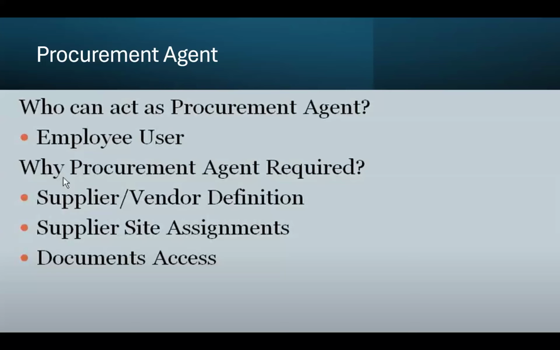Another one is the supplier or vendor definitions. While we are defining the supplier or making some modification at the supplier site level, assignment of supplier sites to respective BUs, that is also a business unit assignment to the particular supplier, right? So a user who has the procurement agent privilege in the system can define the supplier and make some changes.